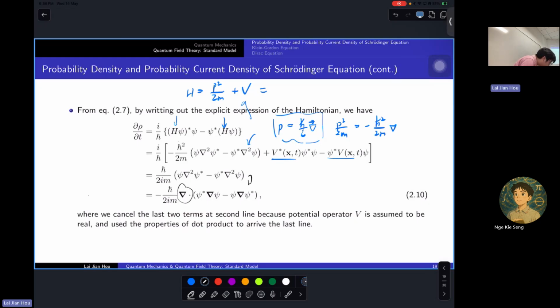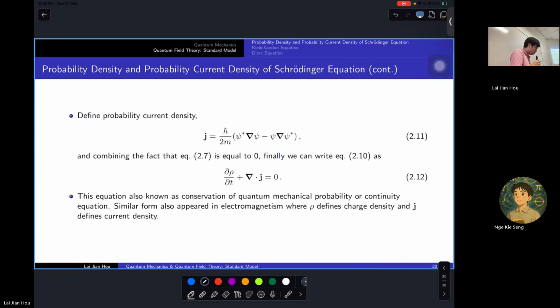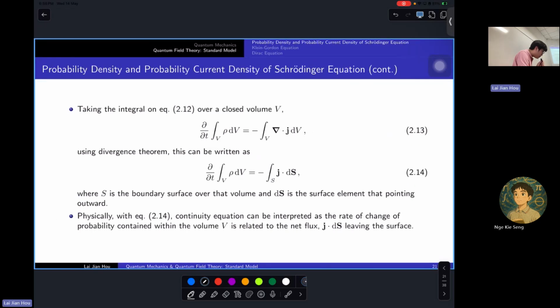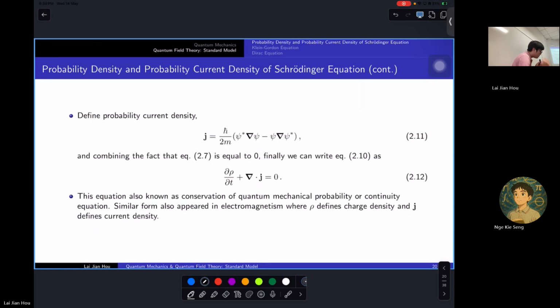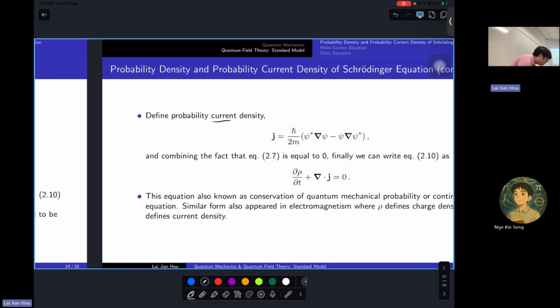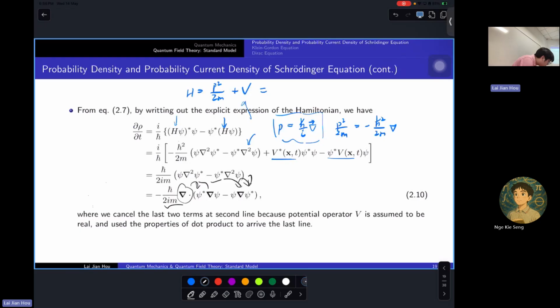Why we want to express it in this form requires some part of electromagnetism. We define the probability current density, in the sense of the electromagnetism current.